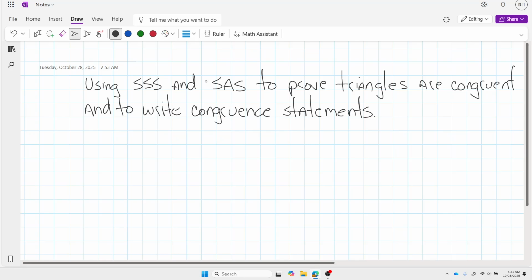All right, we're going to use side, side, side, and side, angle, side to prove triangles are congruent and then to write congruence statements.